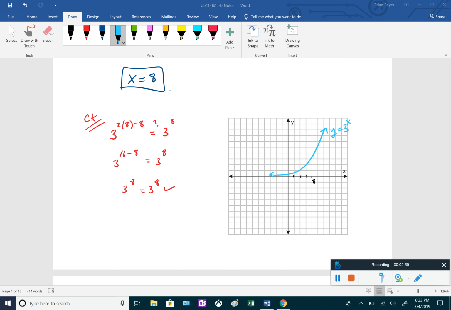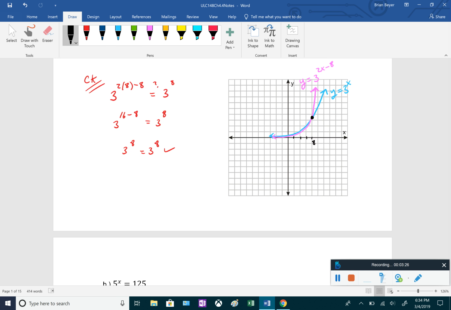Then we can graph the other one, and it might look something like this. The answer we got, 8, represents the point of intersection if we looked at the graph. Once again, that's not drawn to scale, but that's similar to what it would look like, just so you have a graphical explanation for it.